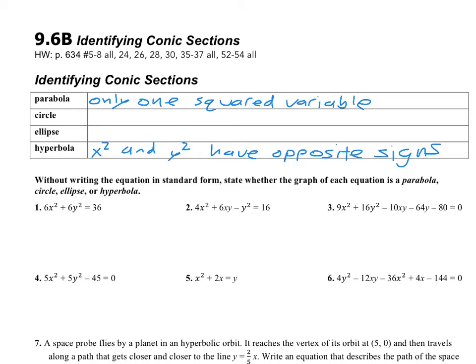Okay, for circles and ellipses, they have the same sign, but for an ellipse, x squared and y squared have different coefficients. So for example, if one of them says 3x squared and the other one might be 5y squared, that's an ellipse.